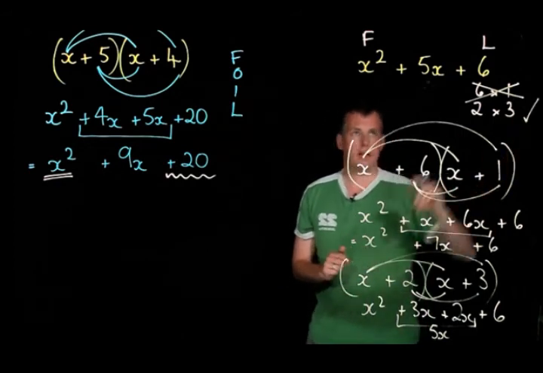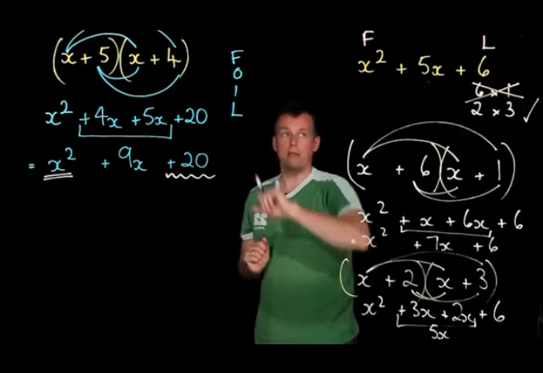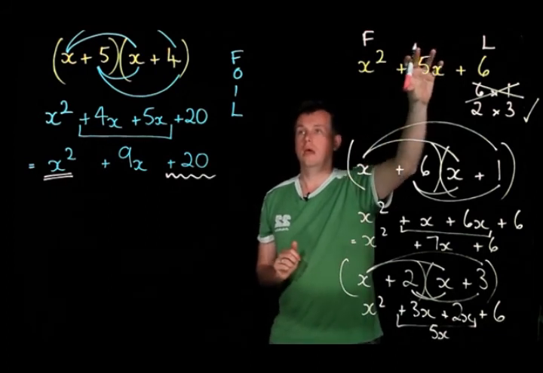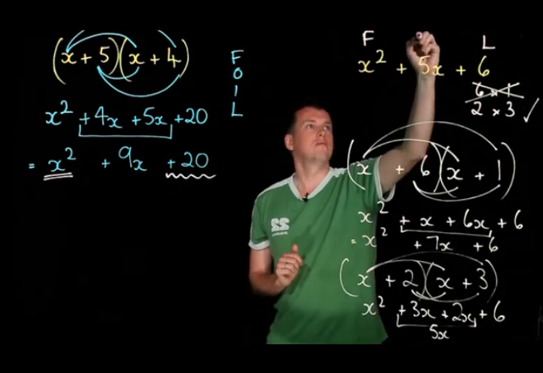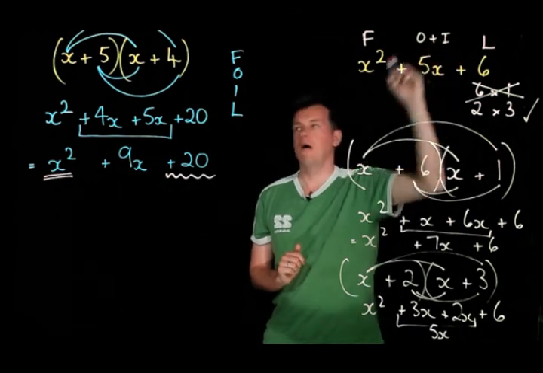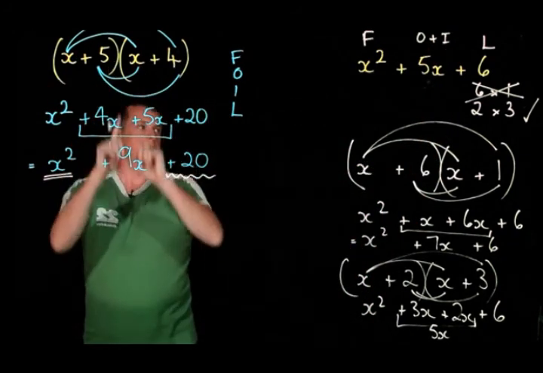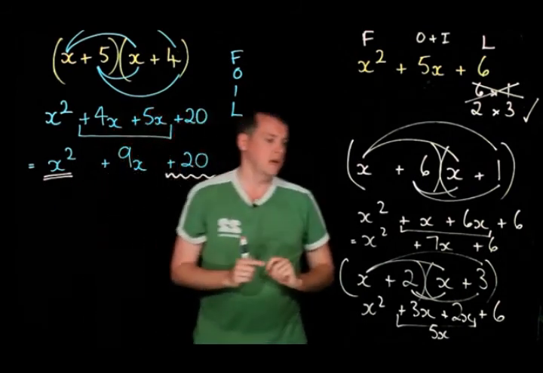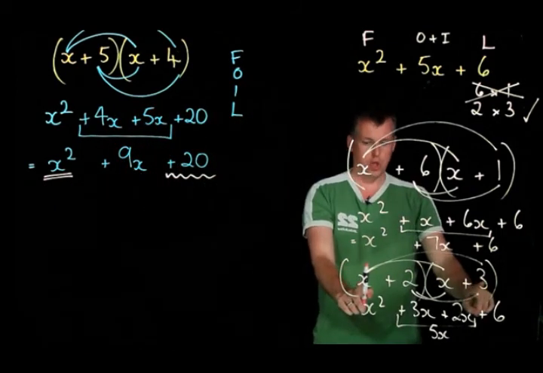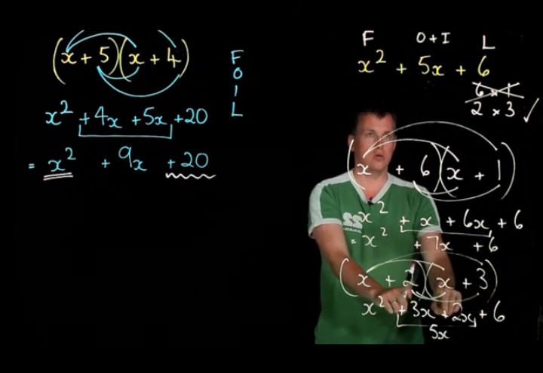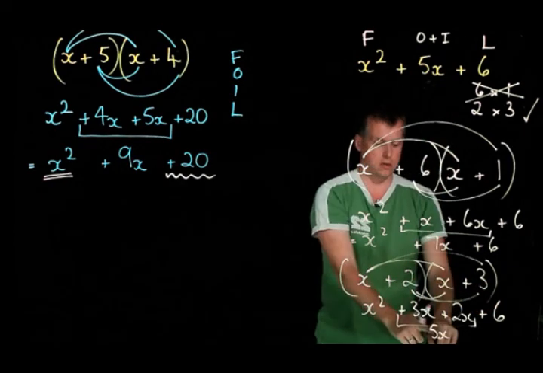So that is correct. And coming back to our FOIL method here, this middle term comes from adding the O and the I together. Adding the 4x and the 5x to give us the 9x here, and we've got the 3x added to the 2x to give us the 5x term there.